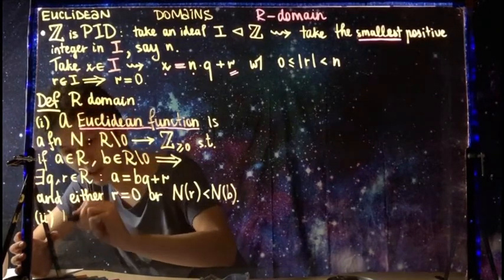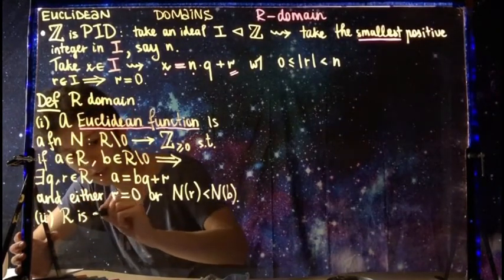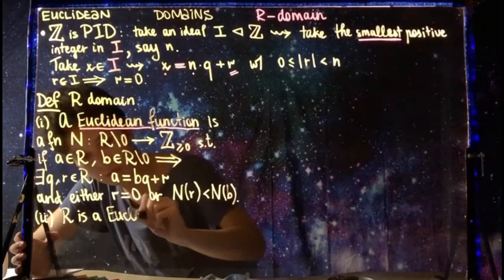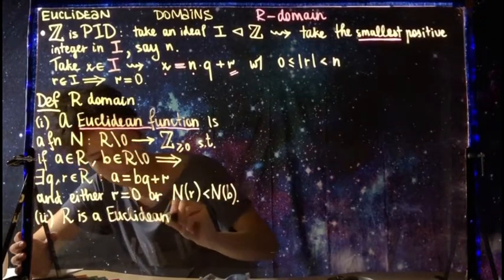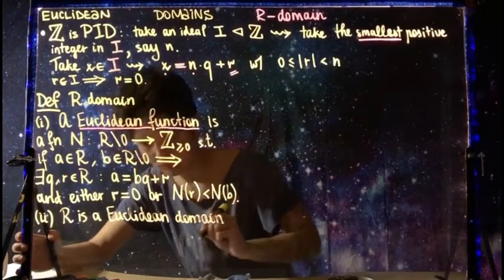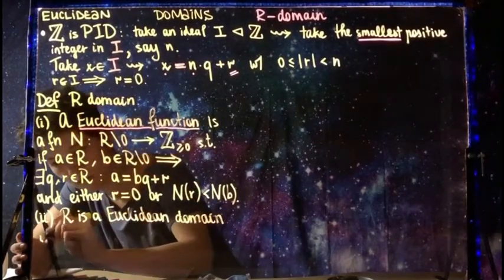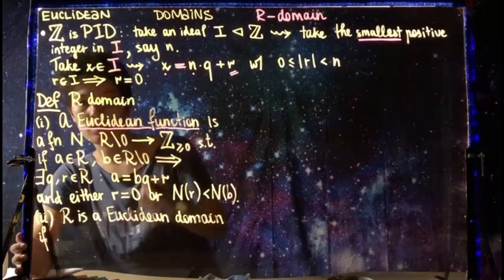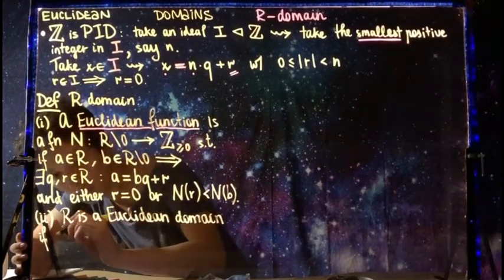And we say that R is a Euclidean domain if it possesses at least one Euclidean function.